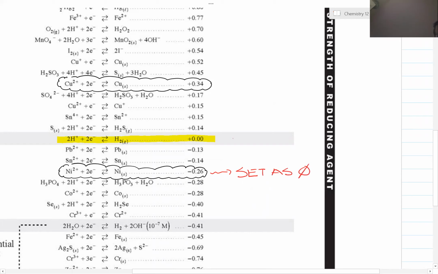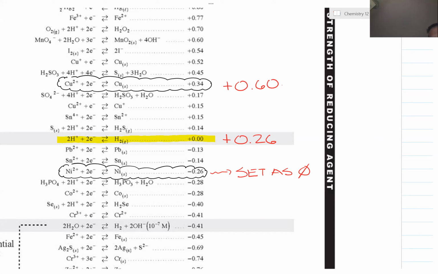Then hydrogen would be plus 0.26 and copper would be plus 0.60. That is if we set nickel as 0. So these values of positive or negative are dependent on which one we set as 0. But for our standard reduction potential table, we have set hydrogen as 0.